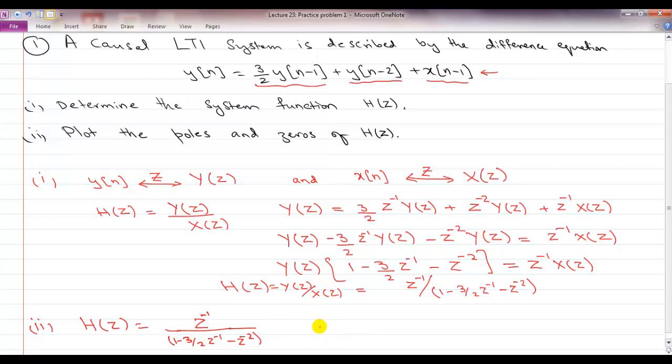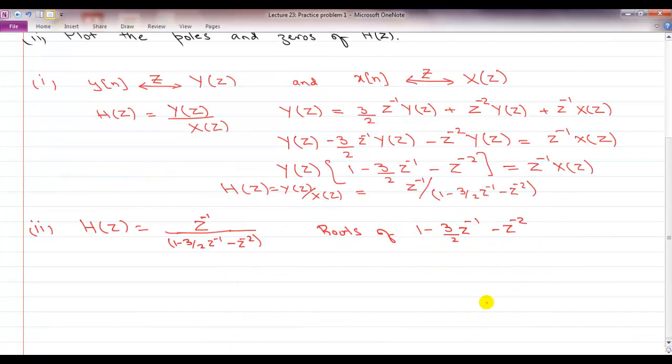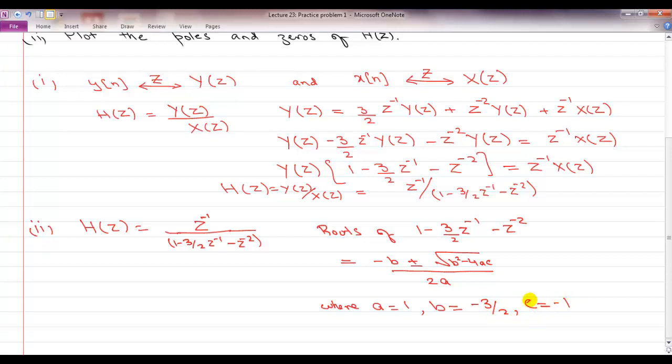So the roots of 1 minus 3 by 2 z inverse minus z to the minus 2 are given by the two roots, minus b plus minus square root of b squared minus 4ac over 2a, where a equals 1, b equals minus 3 by 2, and c equals minus 1.